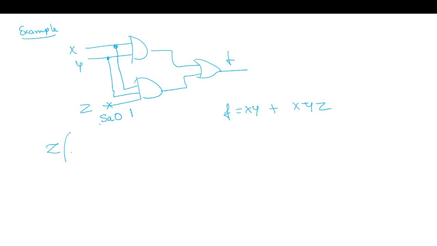So the expression when z is 0 will be xy XORed with, when it is 1, xy plus xy, so again xy. So we can see it is z into 0, which can never be equal to 1. So this fault is actually an untestable fault.